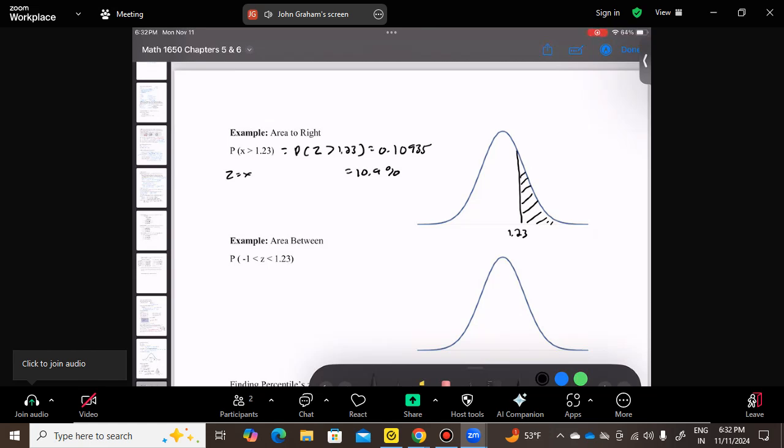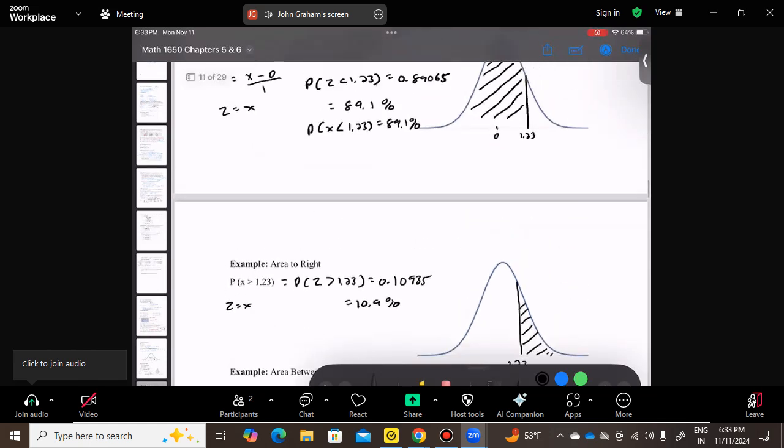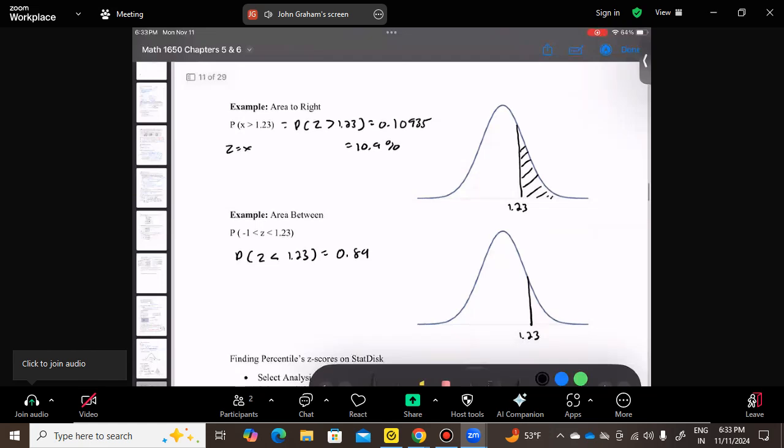Now, the harder one is finding the area in between. So you're going to have to find two areas here. First, we're going to want the area less than 1.23. Okay, we already know what that is, and that's going to be equal to 0.89065. So we have basically this whole area here because of that.